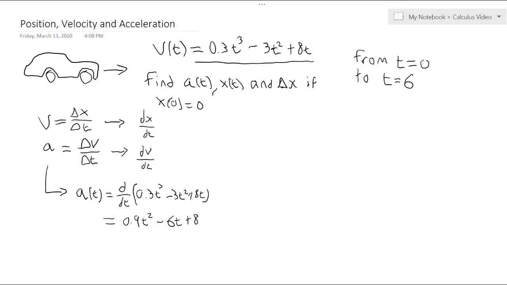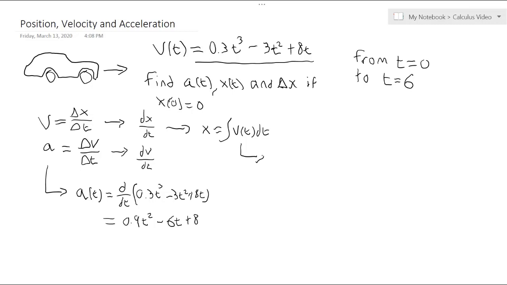And so to go the opposite way, we have the fact that velocity is the derivative of position. So if we go the opposite way from derivative, what do we get? An integral. So this can go to x is equal to the integral of v of t with respect to time, of course.